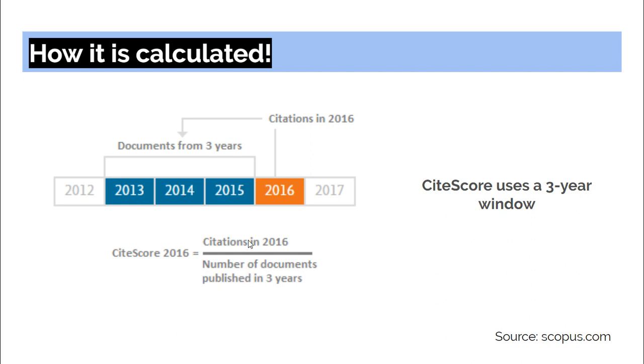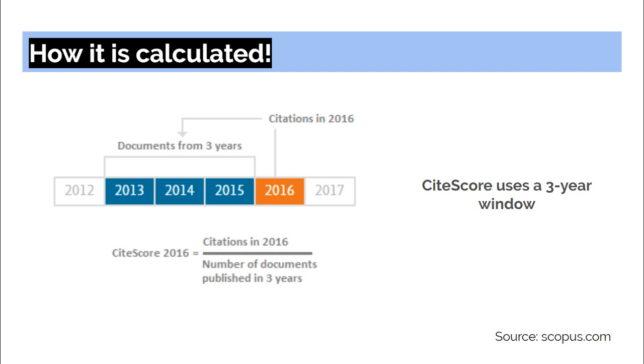The numerator will be the number of citations received in 2016, and it will be divided by the total number of documents published in 3 years by that particular journal. So it takes a 3-year window to calculate the SiteScore.